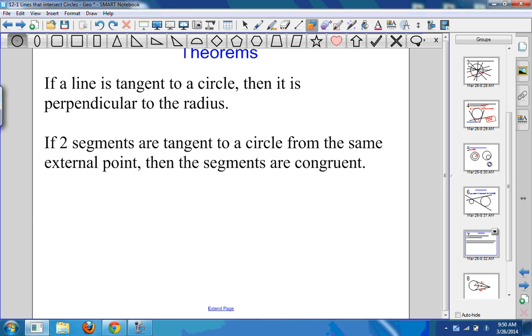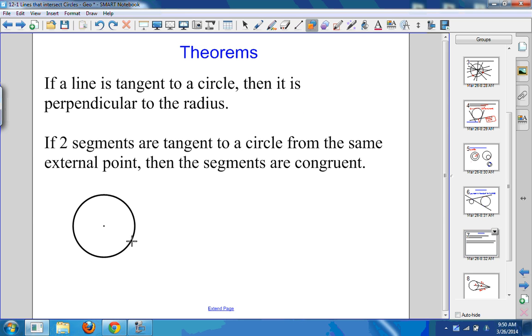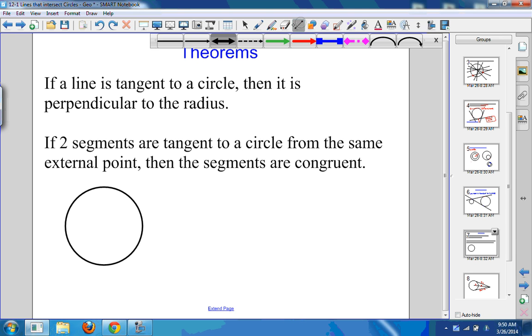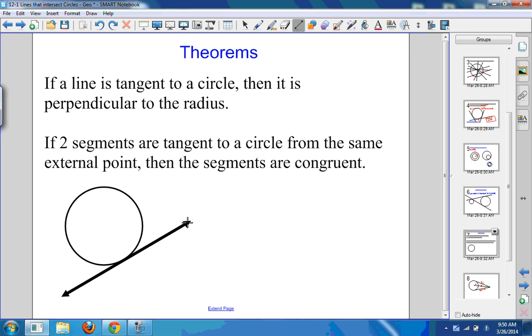So if a line is tangent to a circle, let's try and draw that, then it is perpendicular to the radius. So we have a line that is tangent to a circle. And we have a point of tangency right there. So it says this line is perpendicular to the radius.